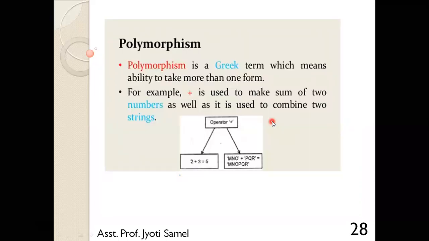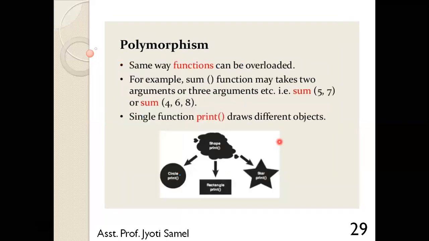Polymorphism is a Greek term which means the ability to take more than one form, that is, ability in many forms. For example, the plus operator. With the help of the plus operator, we can do the addition of two numbers, as well as the concatenation of two strings.